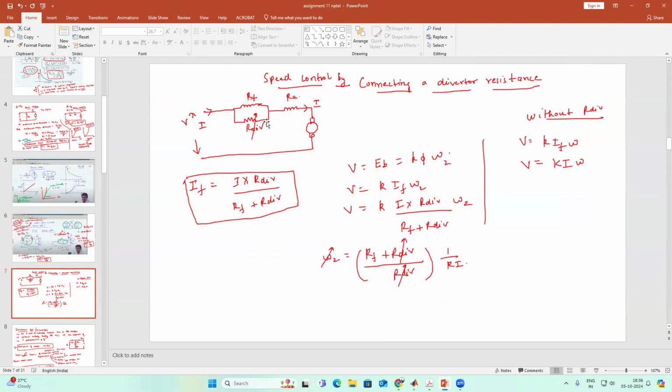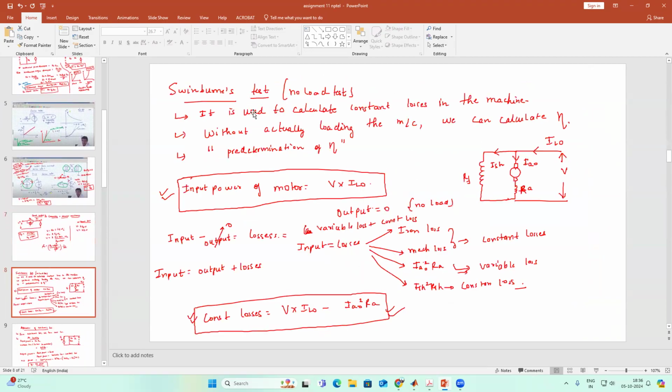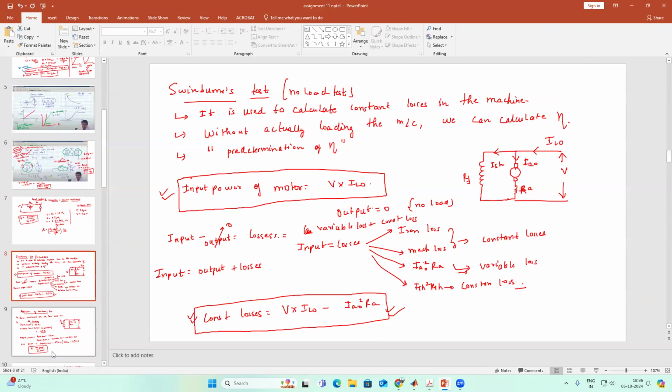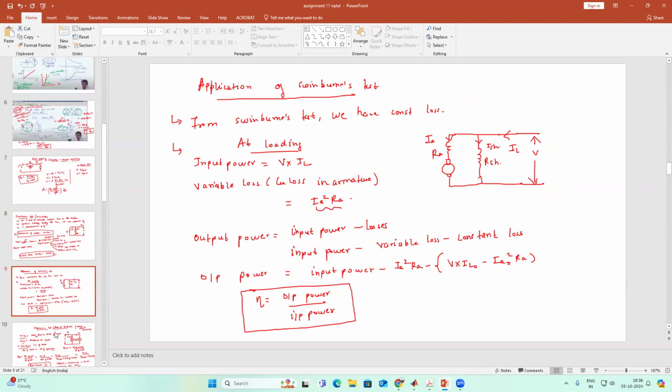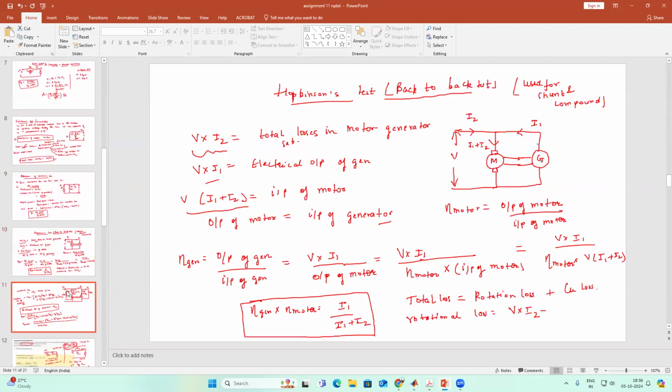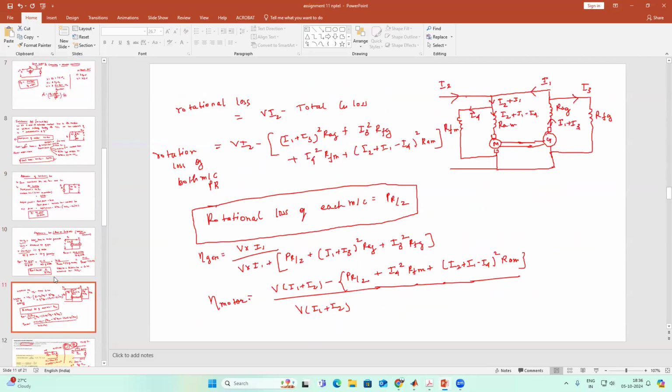You can also control the speed by changing the terminal voltage. Then we saw the Swinburne's test, which is the no load test for predetermination of efficiency, and then Hopkinson's test, which is the back-to-back test.